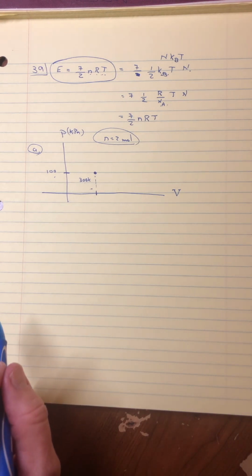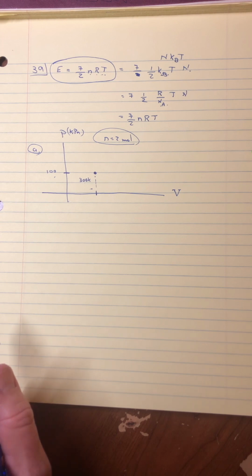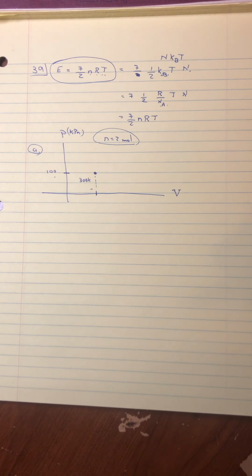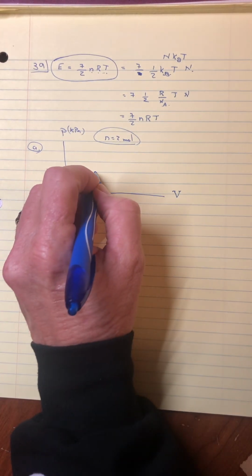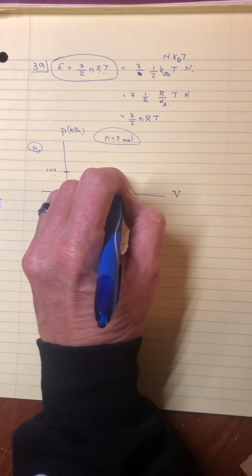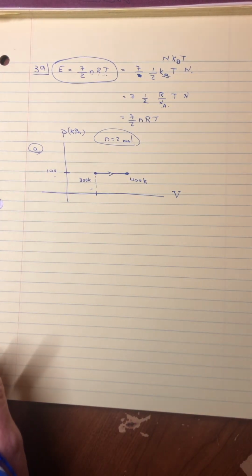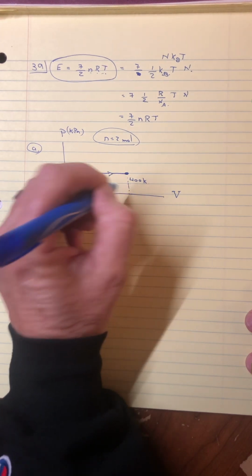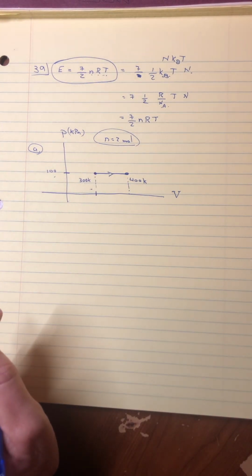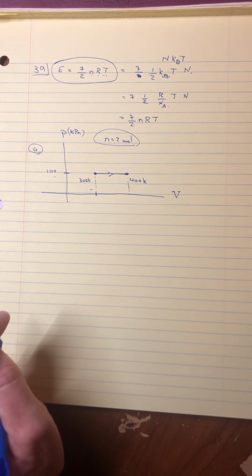And so I have a feeling I'm going to need it. So maybe I should find that. But as I read A real careful, it says the gas is heated at constant pressure. So constant pressure is a horizontal line, and it's now going to become 400 K. And I believe they asked quite a few questions here.